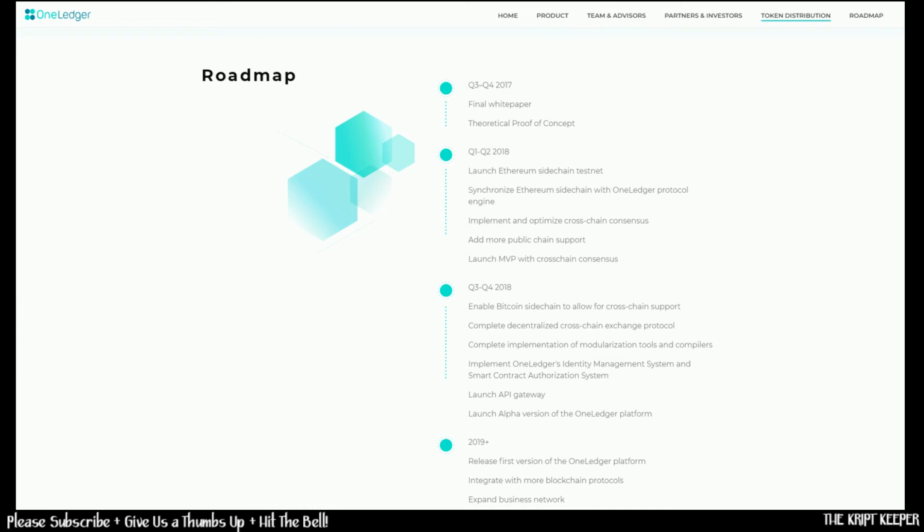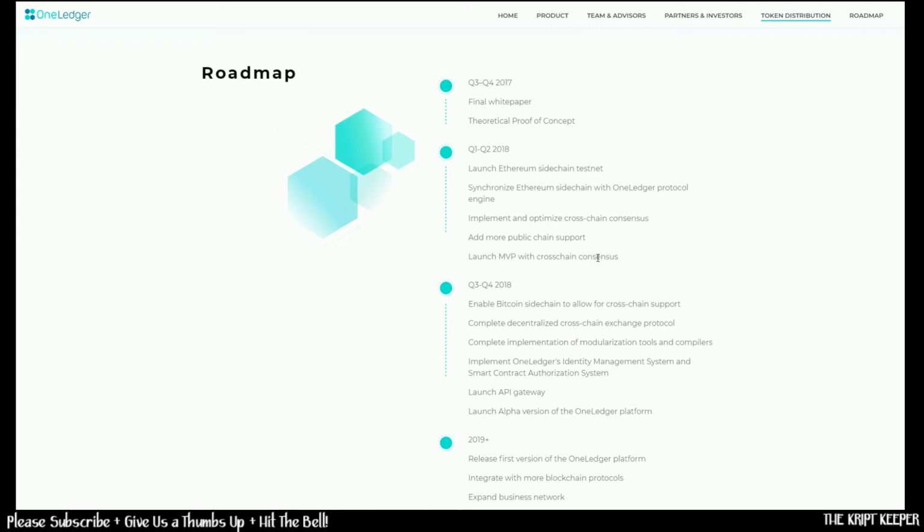So let's check out their roadmap. So Q3, Q4, the final white paper was created and the theoretical proof of concept created also. Q1, Q2, 2018, launch Ethereum sidechain testnet, synchronize Ethereum sidechain with OneLedger protocol engine, implement and optimize cross-chain consensus, add more public chain support, and launch the MVP with cross-chain consensus.